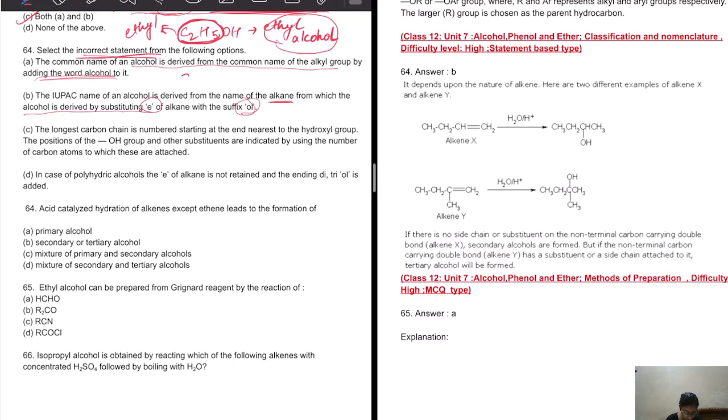Let's take ethanol, C2H5OH. It was ethane, and we dropped the E, and OL was added, and it became ethanol. So this is also correct.